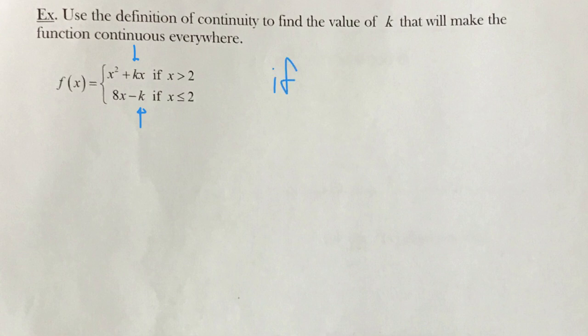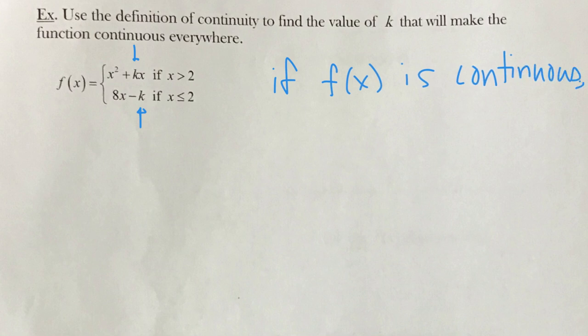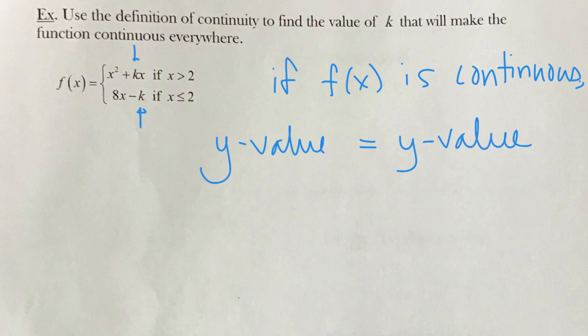Well, if our function is continuous, then the y value from your top equation, from when x is greater than 0, is equal to the y value from your bottom equation. That has to be true. The limit from the left equals the limit from the right, means those both graphs are going to the same y value.